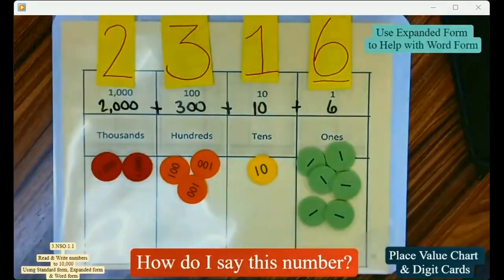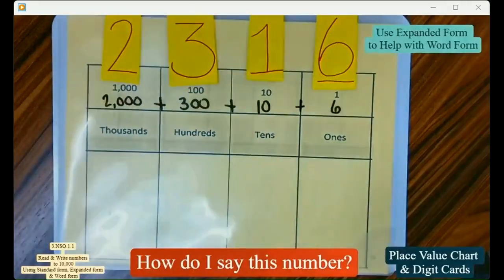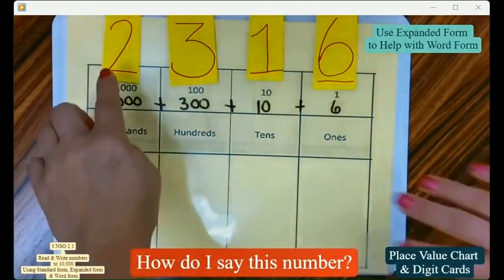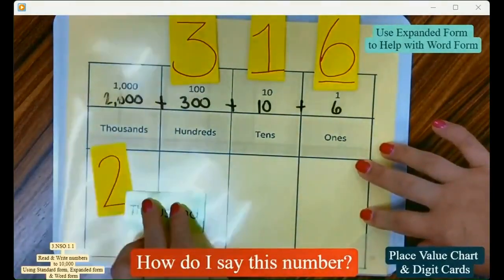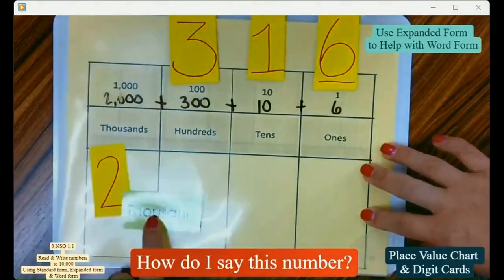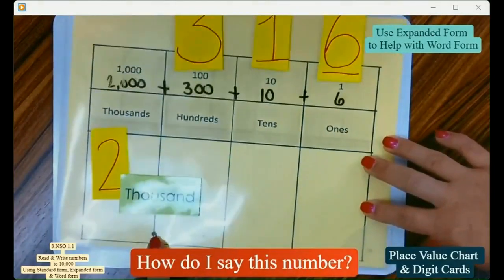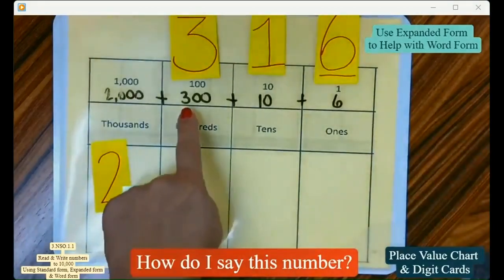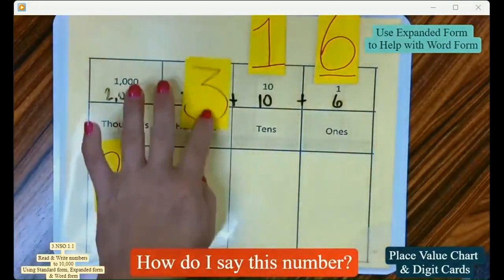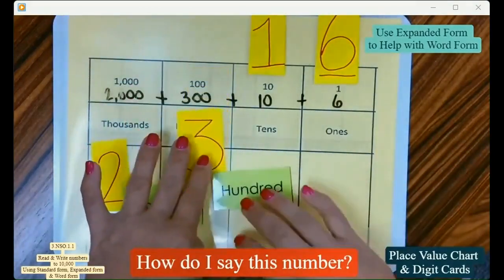Using the expanded form, we ask students again, how would I say this number? So going back to this expanded form, students should be able to use the digit as well as the place value vocab word. Also making sure that students understand that the comma helps when we say the word thousand.